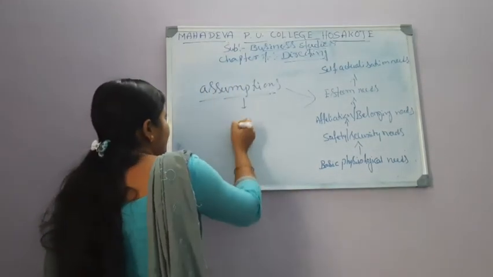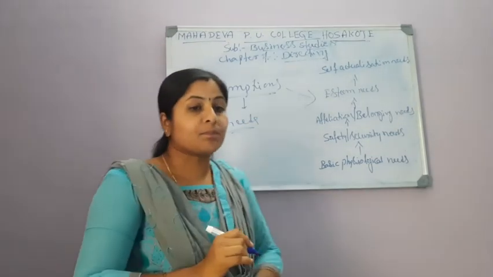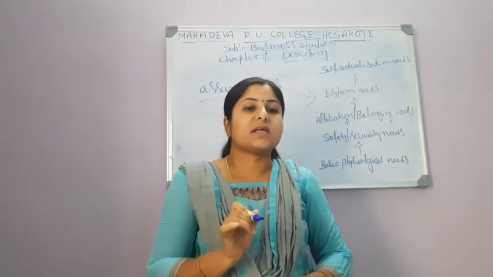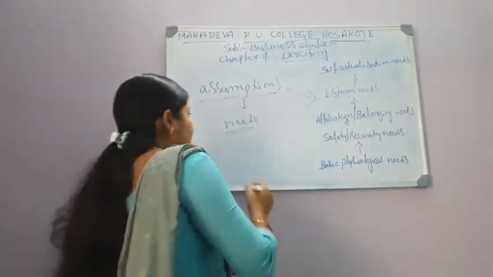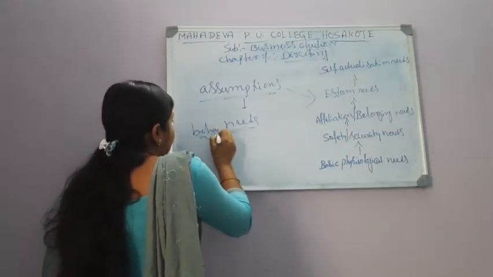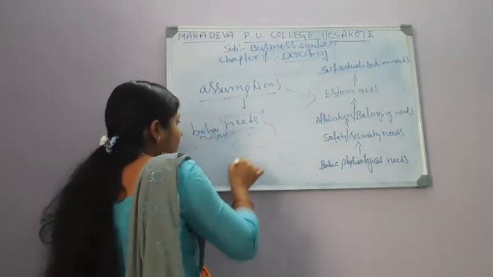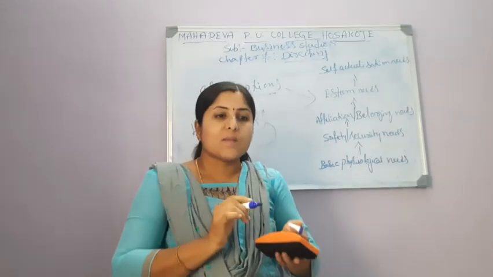When needs are not satisfied, such a need influences their behavior. So behavior depends upon the needs of the people. These needs only can be used to assume the behavior of a person.